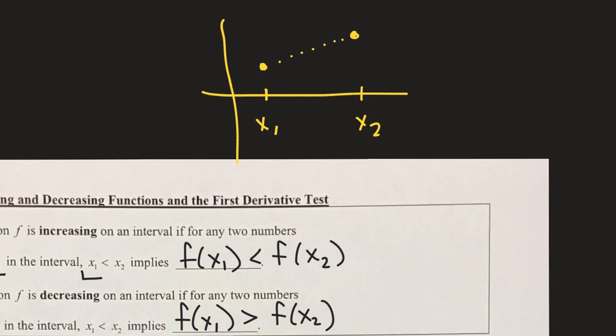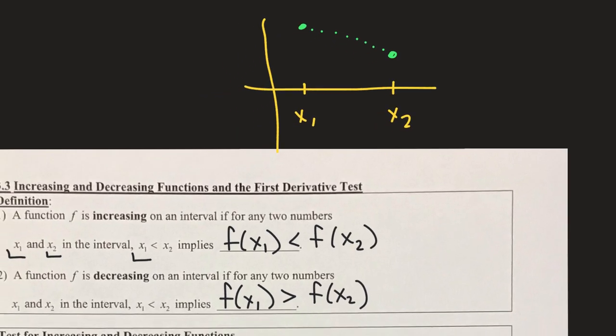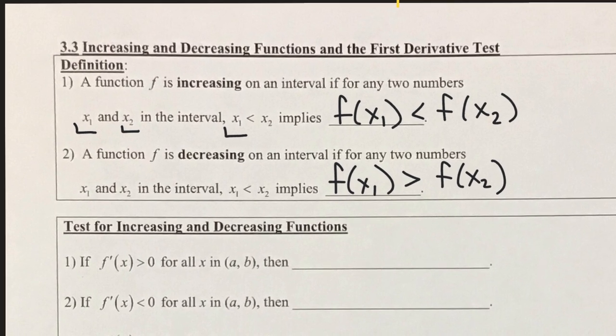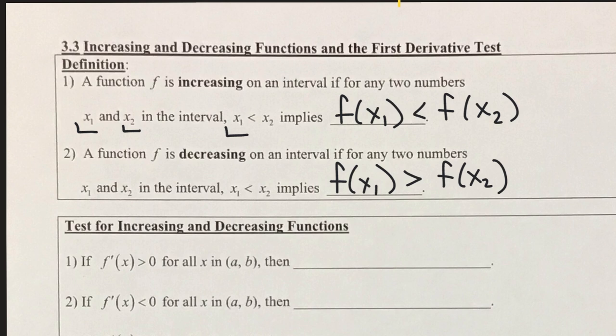And likewise, if our first y value is greater than the second y value, then our function is decreasing on the interval. So this is a formal definition of an increasing or a decreasing function. It is based upon your x's: how do the y values compare?